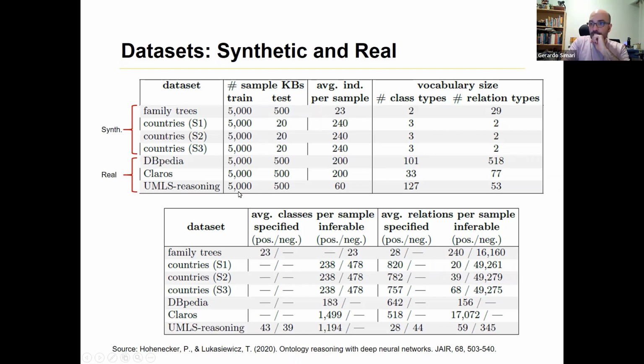And a little bit more information on the positive versus negative classes, specified and inferable classes, and relations inferable for each class. So you can see that it's quite imbalanced. The negative parts are much more dominating in general.